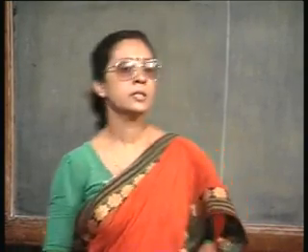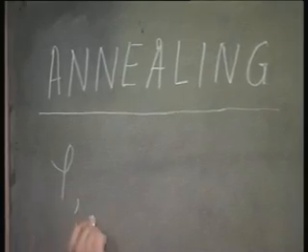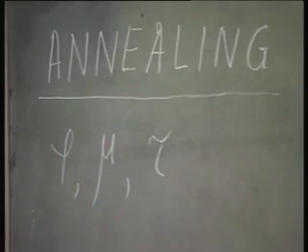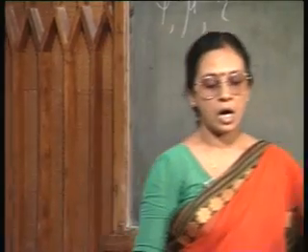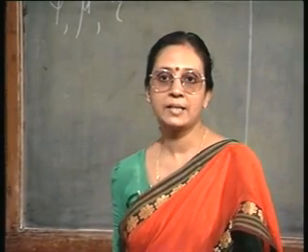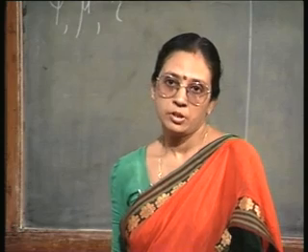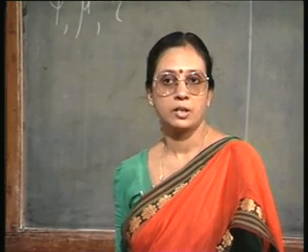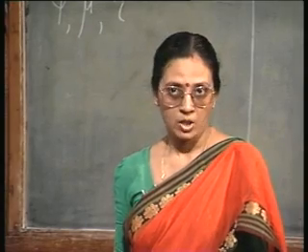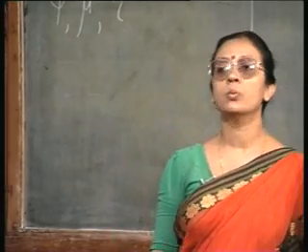So, these three important parameters, rho, mu and tau. Our aim will be to get back the required levels of conductivity, mobility and lifetime. This is what we ideally want.